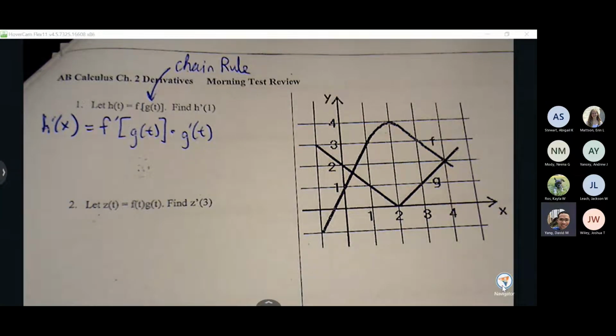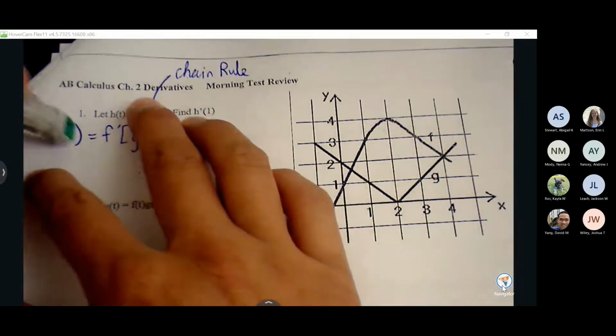Now we can work towards involving that 1. Replace every t with 1. Sorry, it should be h prime of t.